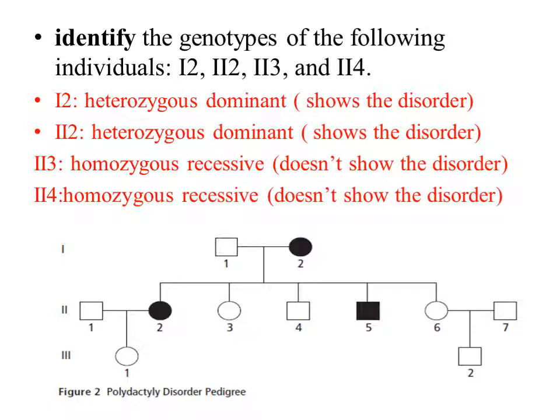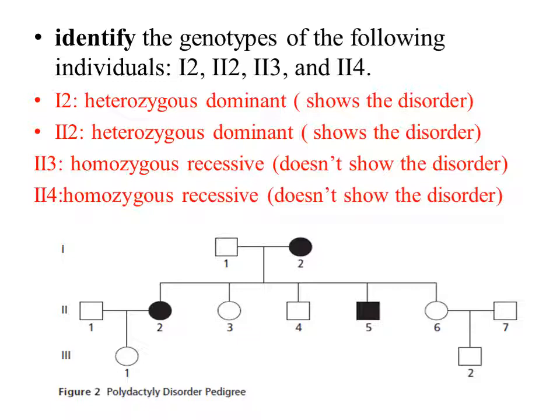So she has the disorder. We wrote heterozygous dominant. It means she has only one dominant allele, not two. Why? Because their offspring show a high number of individuals with no disorder.